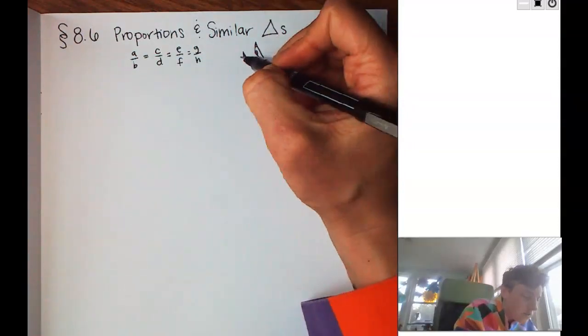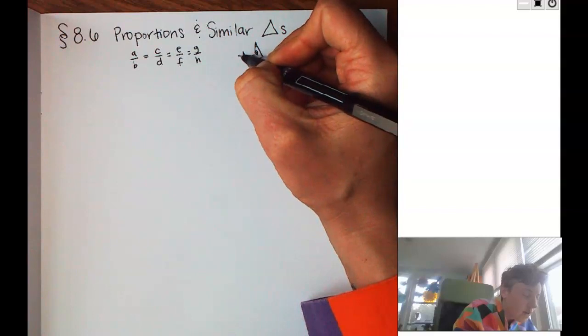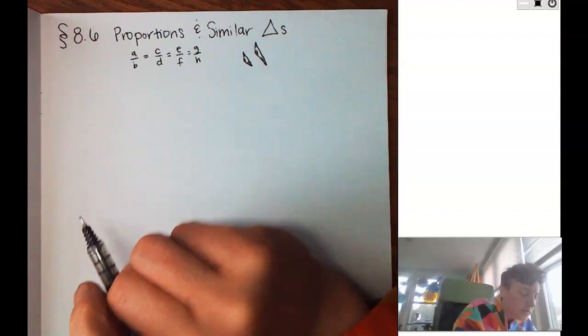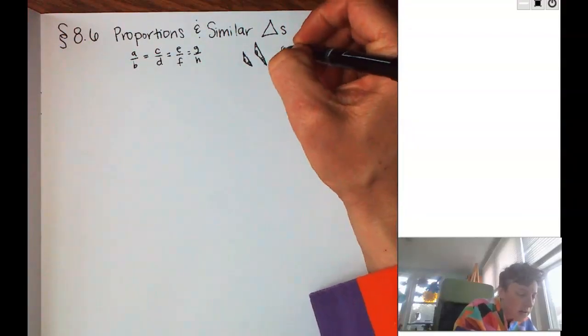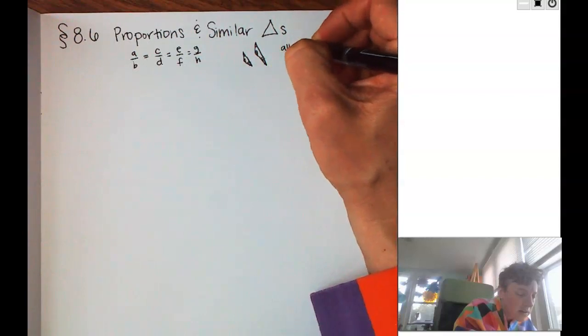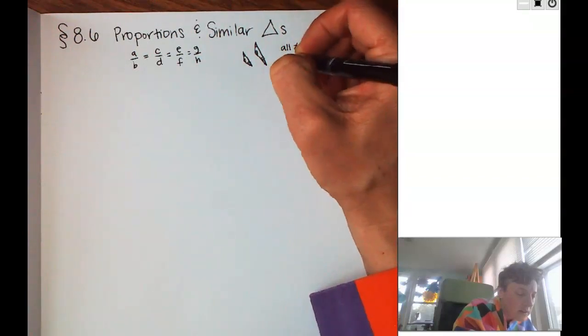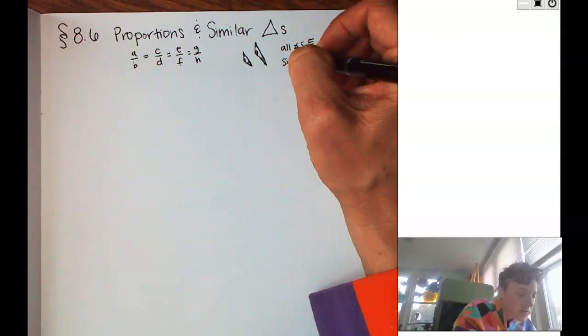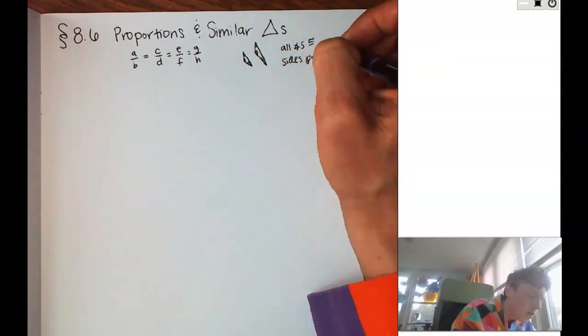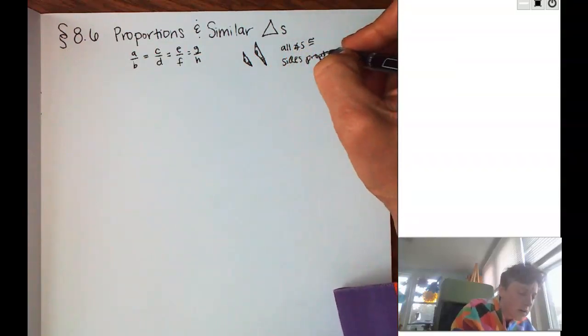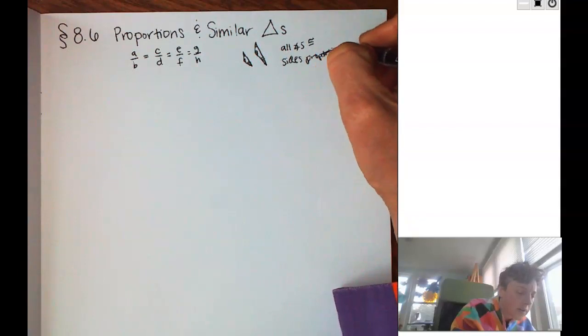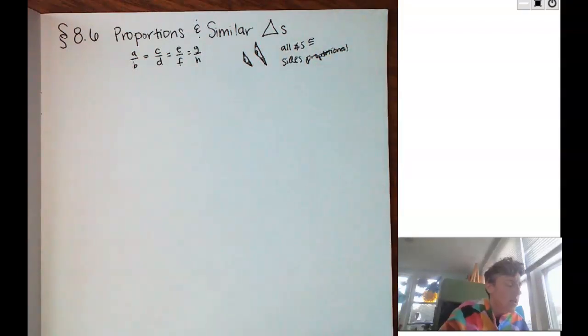So, all angles congruent, sides proportional. Get back in that groove here.